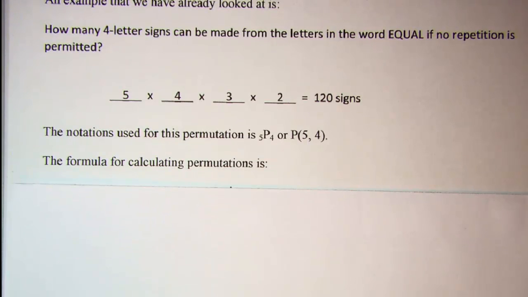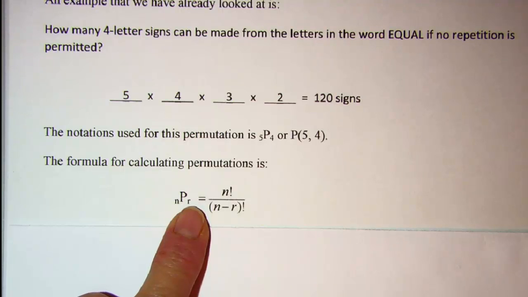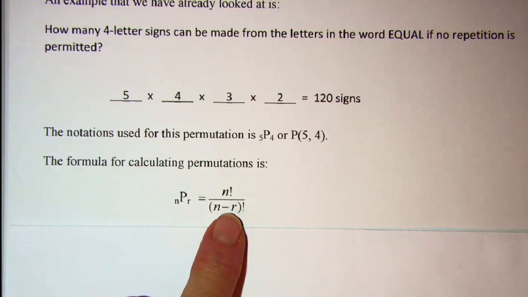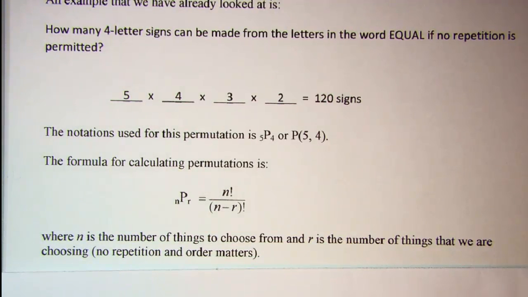So the formula for calculating permutations is permutations of n things taken r at a time is n factorial over n minus r factorial, where n is the number of things to choose from and r is the number of things that we're choosing.